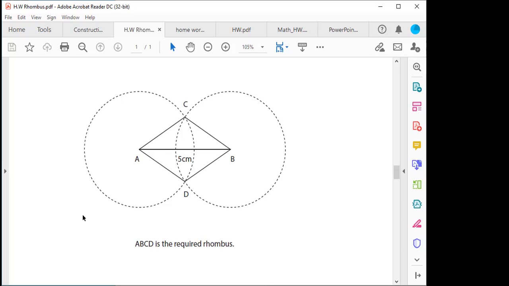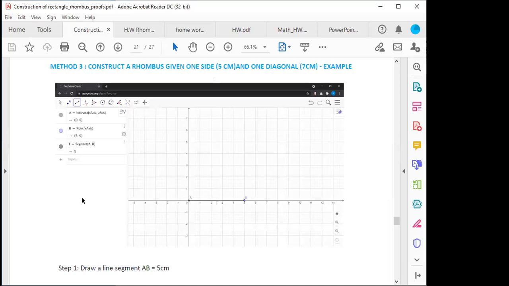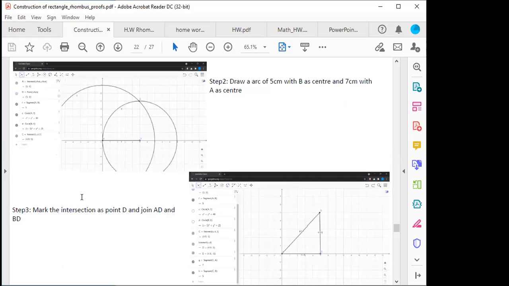Okay, so considering this, which one is better? Previous one is better, or do you still want to go with the previous, even though you have to use two different radii? Yeah, we can use either one. See, in this case, you are first using the scale to draw a line, step one. Then you draw two arcs, steps 2 and 3.